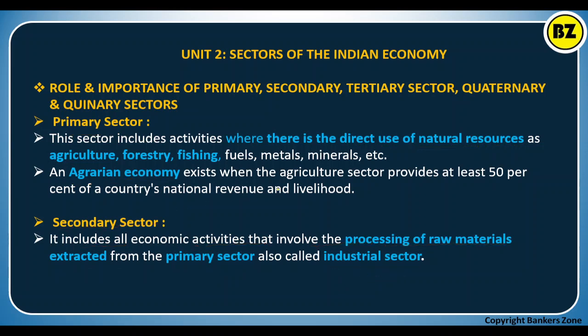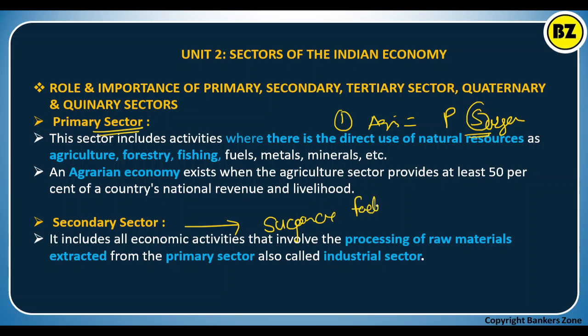So what is the primary sector? For example, agriculture, the production of sugar cane. This is the primary sector. And for the secondary sector, if you have a sugarcane factory, it will use the sugarcane produced in the primary sector, that is agriculture, and from that they will make sugar.